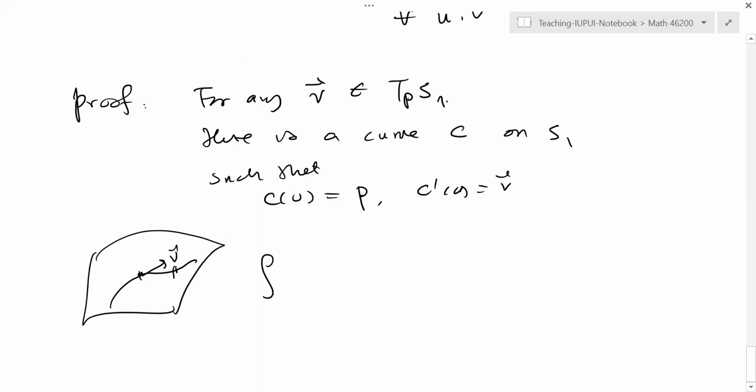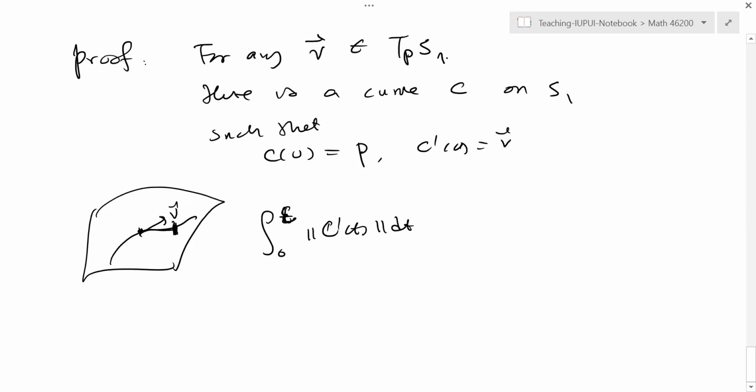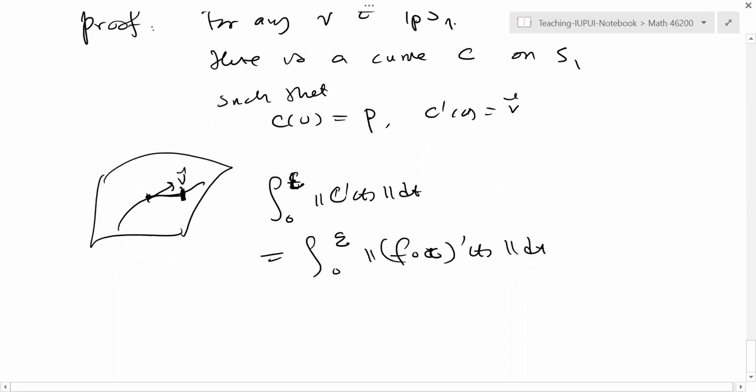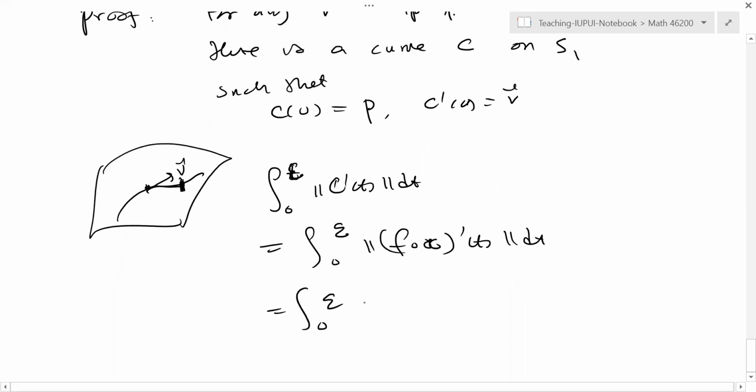So the integral from 0 to epsilon, a small epsilon, of the norm of c prime t dt, that is the length of a small piece. This length should be equal to the length of the image, because it preserves the length of curves. But this is nothing but the norm of df c prime t.